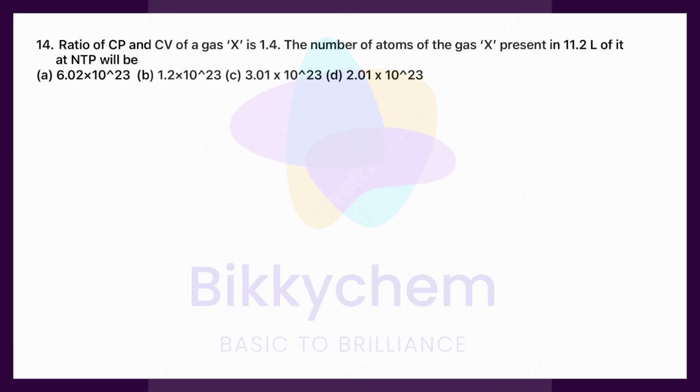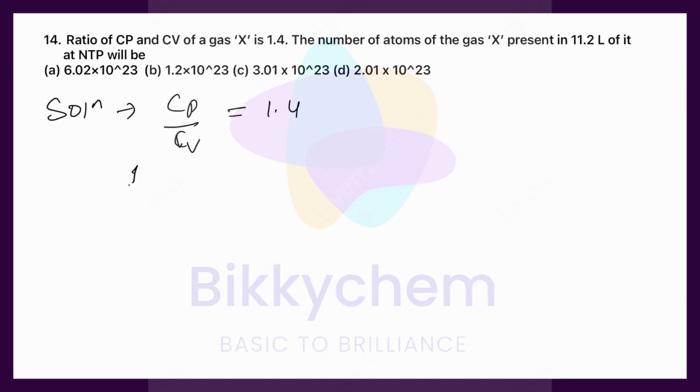Okay, dear student, let's see the question. Given is Cp by Cv ratio is 1.4 for the gas X. What we have to find out is the number of atoms of the gas X present in 11.2 liter of it at the NTP.